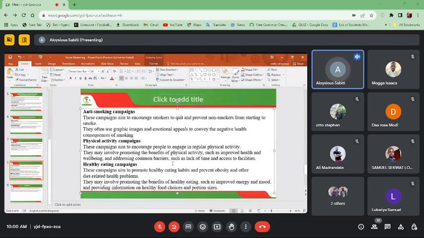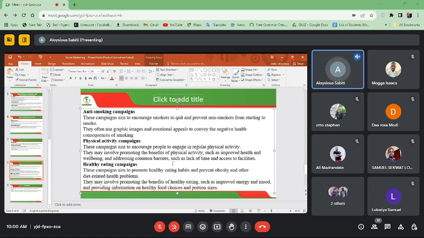So most times, what individuals do is that they offer people guidance on how they should be able to create time to achieve some of the physical activity plans.